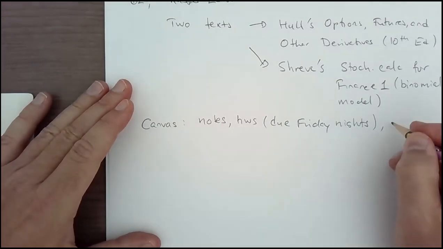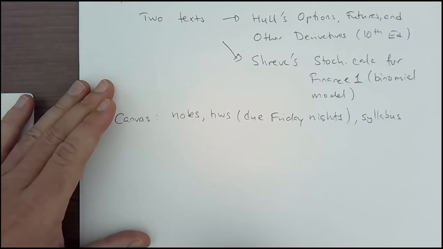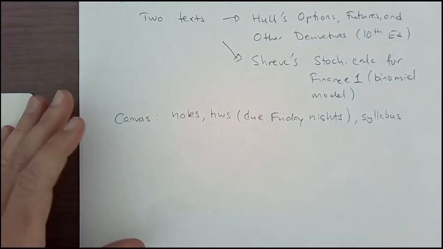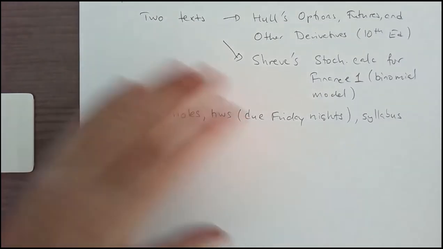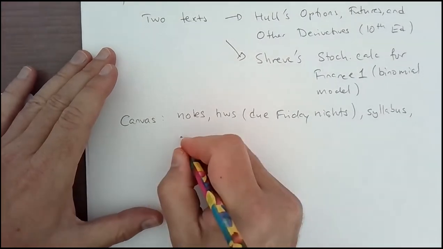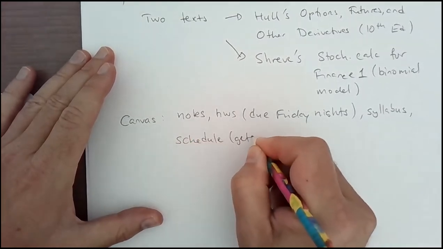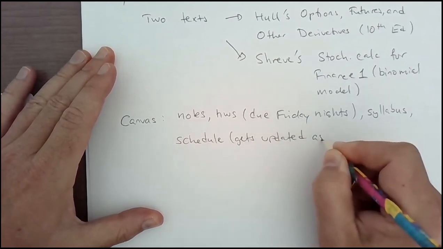There's a syllabus, so you've got to read the syllabus. The syllabus outlines how we'll run the course. Also on the syllabus, there's a schedule, and this gets updated as we go along.